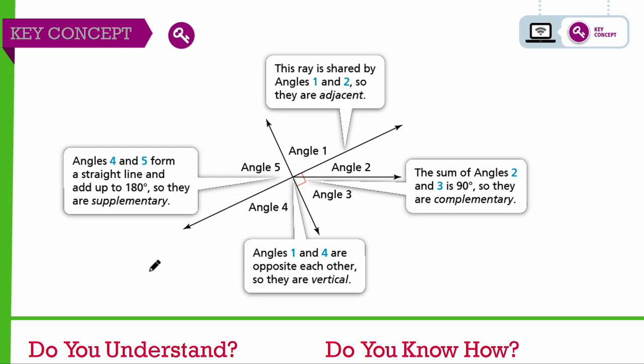So remember, supplementary angles add up to 180 degrees. Complementary angles add up to 90 degrees. Adjacent angles are just right next to each other. Vertical angles are opposite to each other and have the same angle measures. Okay, so just remember these key concepts.